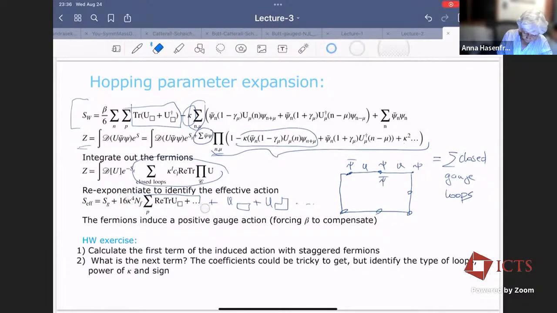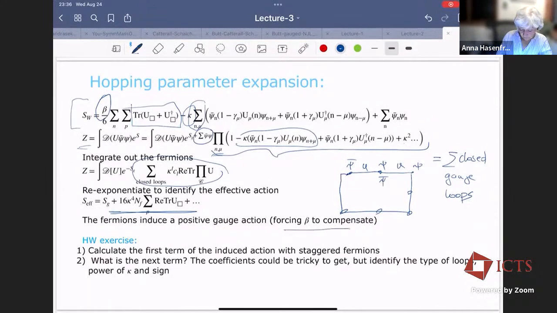This is the hopping parameter expansion that we can use to predict the behavior of this system. The point I want to emphasize is that this is a positive action. The effective gauge action that is generated by heavy fermions is positive. As a consequence, the bare gauge coupling beta will have to be decreased to keep the lattice spacing unchanged.